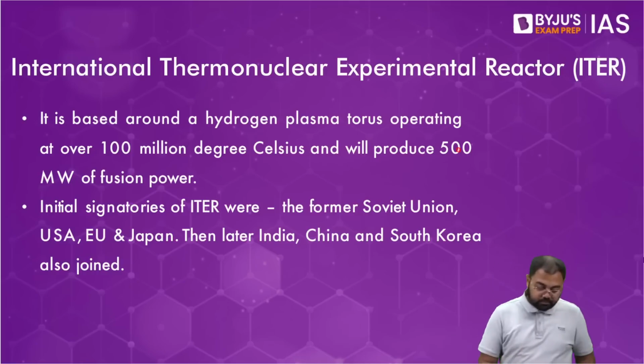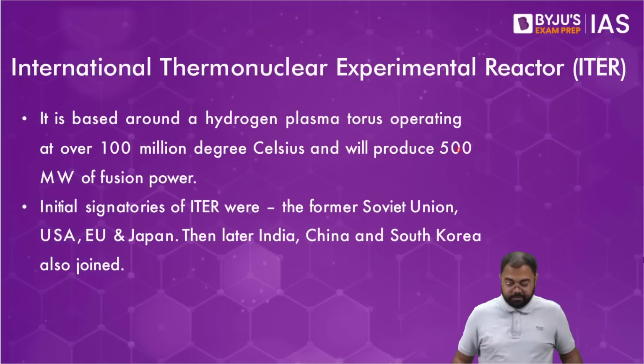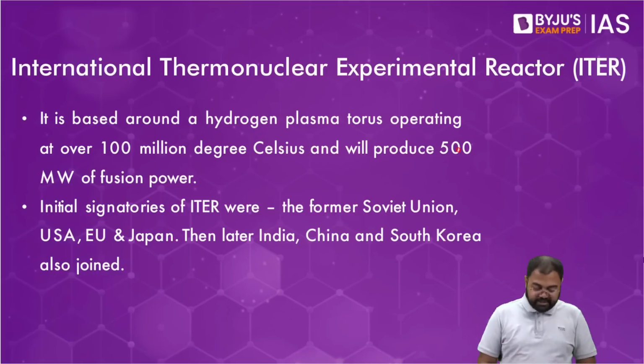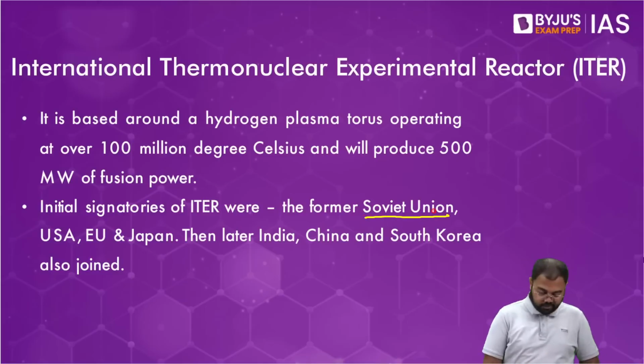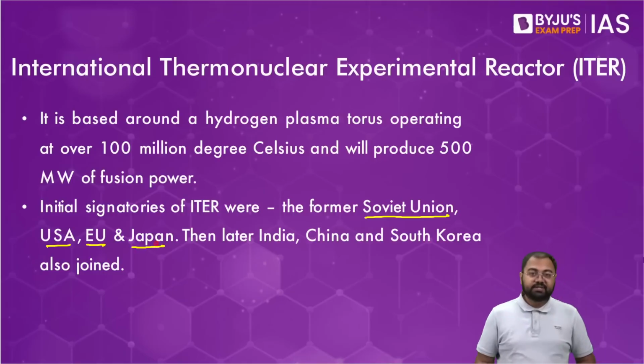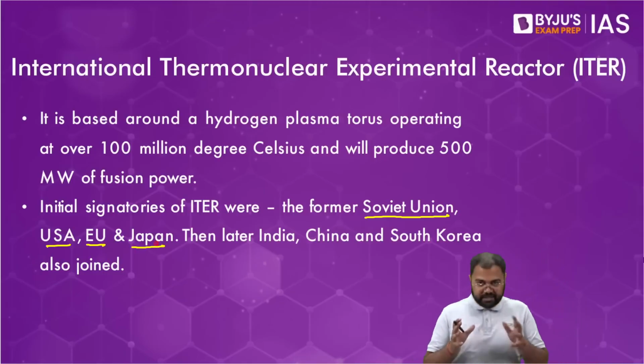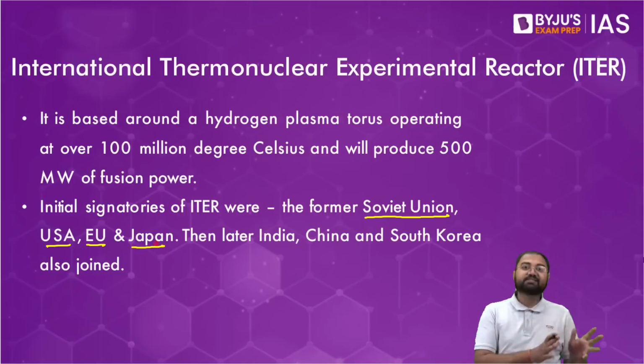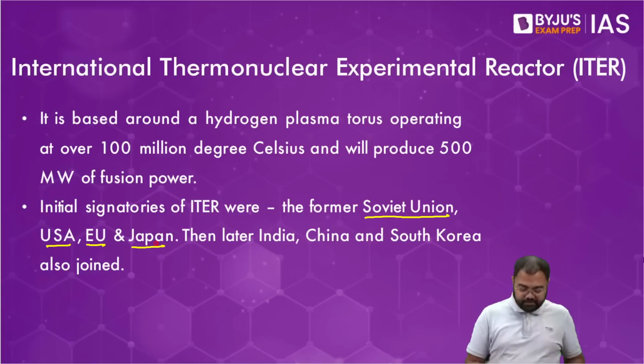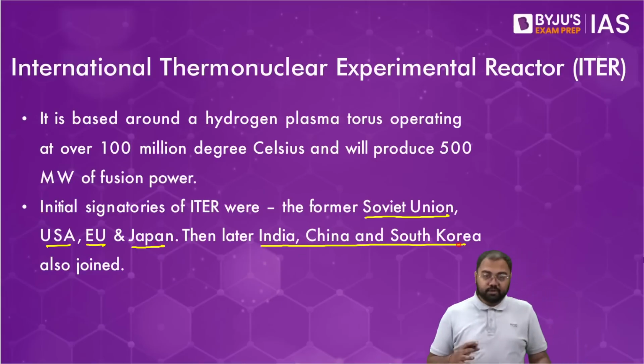Now, when it comes to ITER, first it started with the former Soviet Union, USA, European Union, and Japan. These were the first four countries that came together and they started this ITER. And then later we see that countries like India, China, and South Korea also joined.